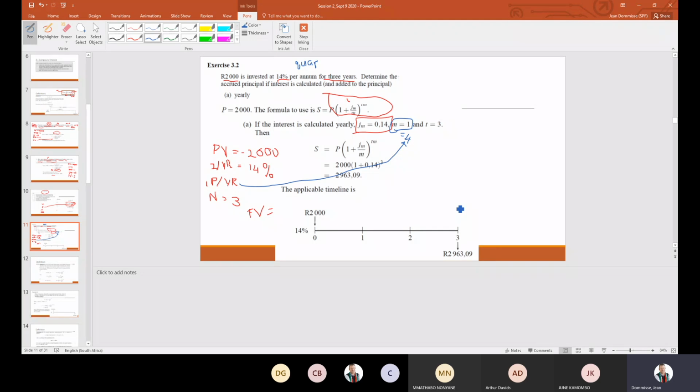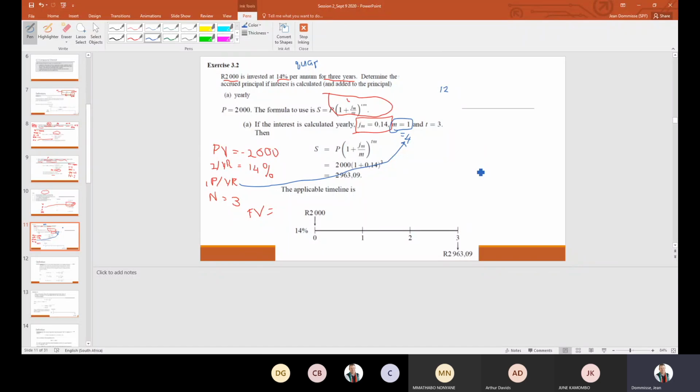Your N will still stay the same, and in the HB, if I use the second function and the N again, it will tell me that I am looking at 12 periods, and that is right, because if you are running it quarterly, there are 4 quarters a year. If you run it for 3 years, it is 4 times 3, which gives you 12.